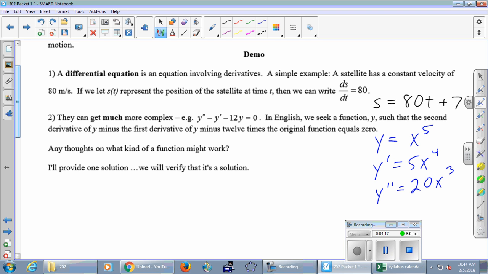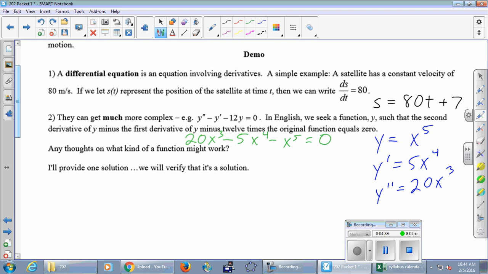All the time is true. It is identically true. And so in this case, y double prime is 20x cubed minus y prime, that's 5x to the 4, minus 12y, that's x to the 5th, equals 0. Looks like an equation I'm asking you to solve. That is not what we're after.